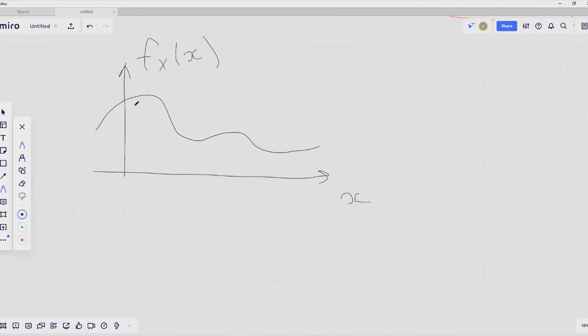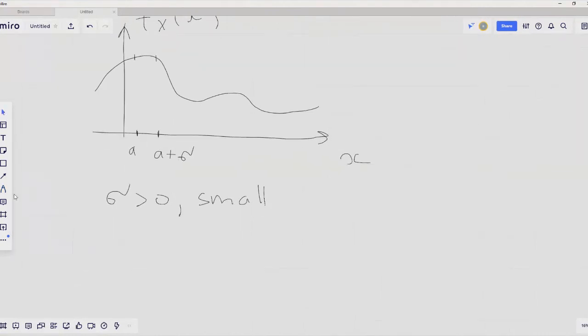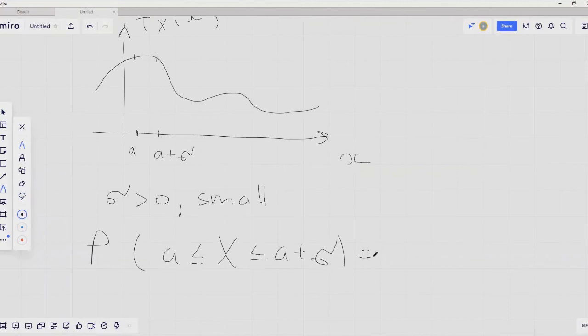Now let's take a look at the further properties of probability density function. Let's say we are looking for probability that our random variable x lies in some small interval from a to a plus delta, where delta is a small positive value. Then probability that our random variable x falls in that interval is defined by the area under our PDF curve over an interval from a to a plus delta.